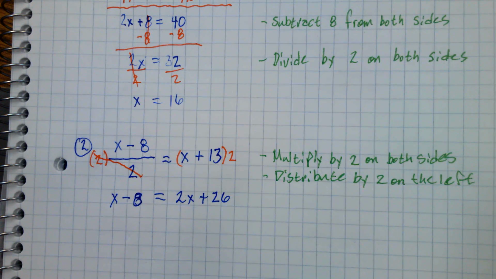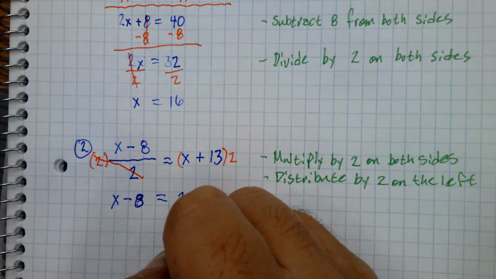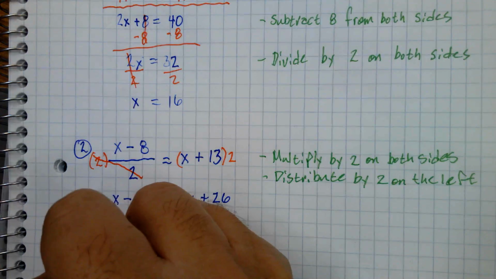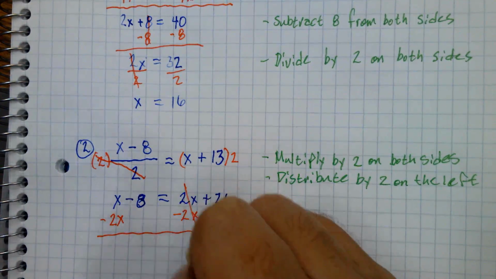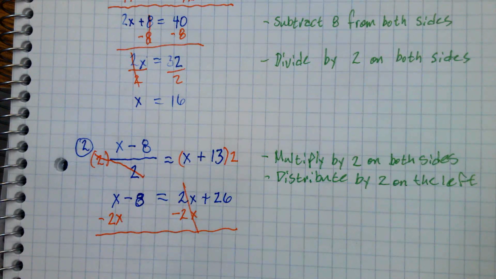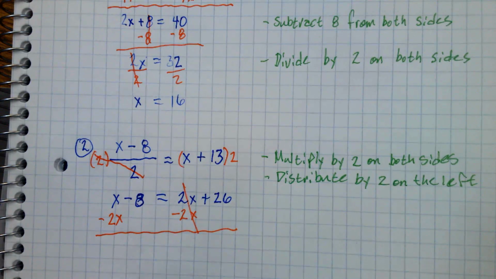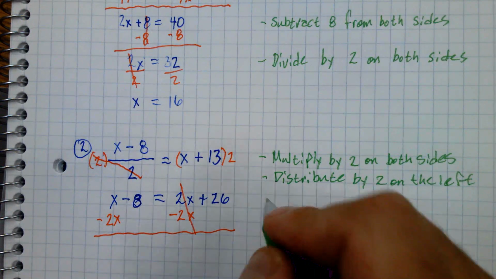Again, even though it will end up with a negative, I prefer doing this. I think everyone here can handle that. Okay, so we subtract 2x on both sides.